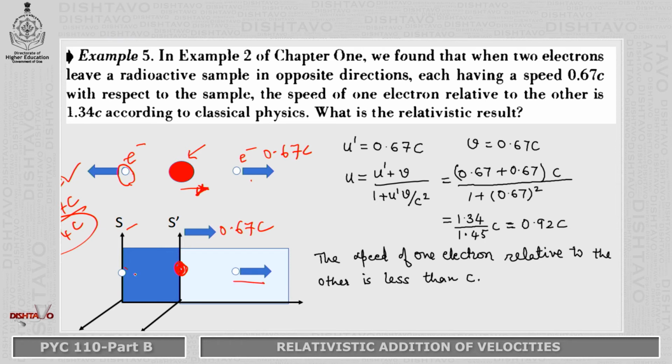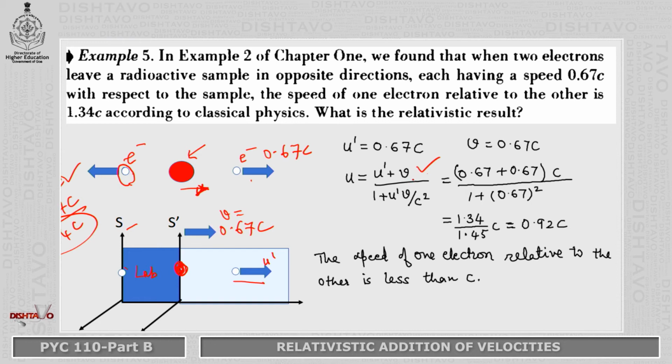The frame of reference which is stationary can be said to be attached to the lab. So, clearly this becomes u prime, and this becomes v, equal to 0.667 c.